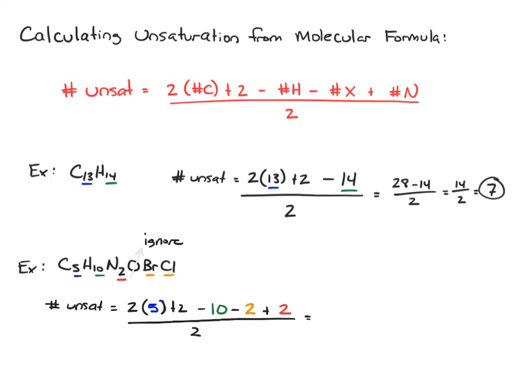So if you do the math, you should get 12 minus 10 divided by 2, just 2 over 2, which is 1. So this compound, despite this long complex formula, either has a double bond in it or a ring, no other unsaturations.